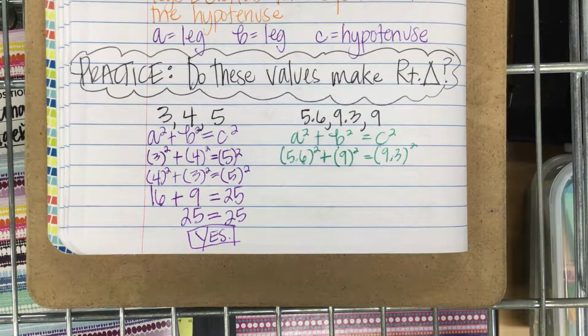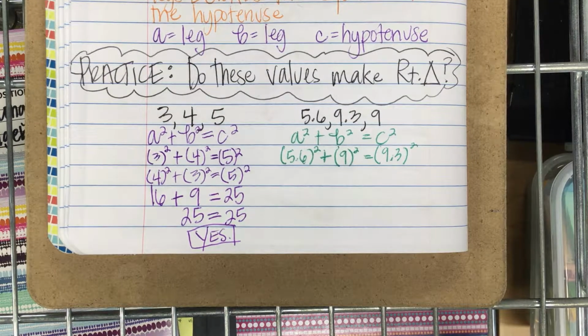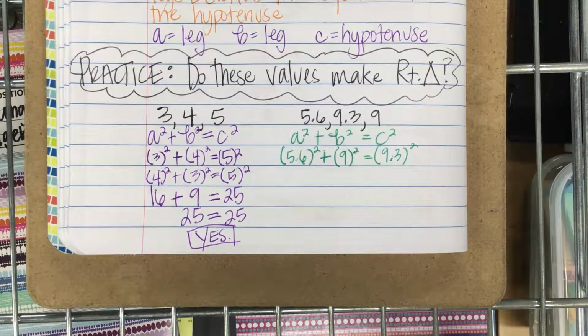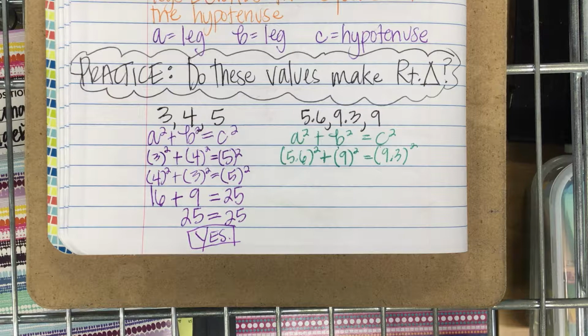Come on, guys. You can do it. Anna, how else could you write it? Flip the A and B. You could flip the A and B. It could be 9 squared plus 5.6 squared equals 9.3 squared. I like to always go in order: baby number, middle number, big number, right? Like Goldilocks and the 3 bears. You have to have the largest number for C.